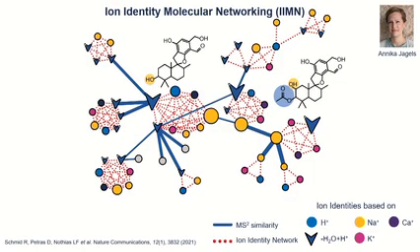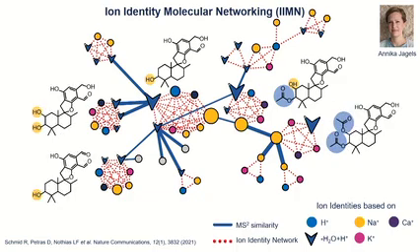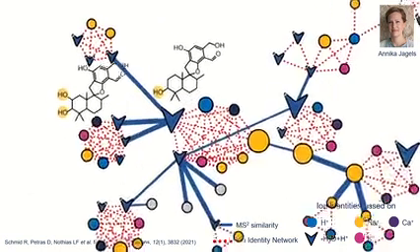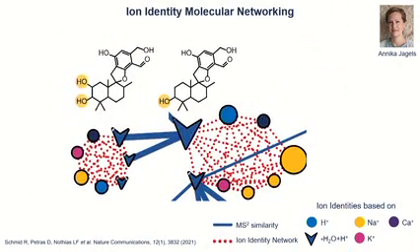Then with the blue edges, the MS2 similarity, we connect analog compounds. Just by propagating a mass difference of 16, which might be just another hydroxy group here, you can propagate this information, then isolate, and then, of course, identify those, for example, with NMR. The great thing is that with all the different ions that we can detect, we can also get some additional information.